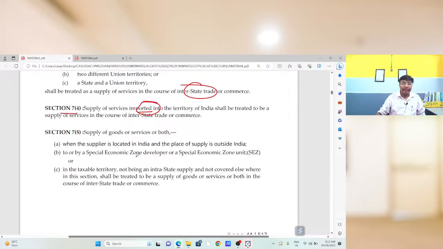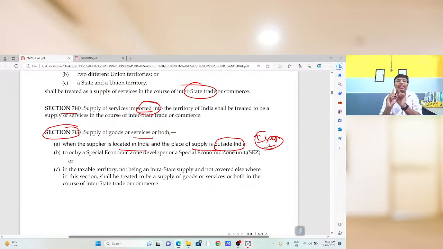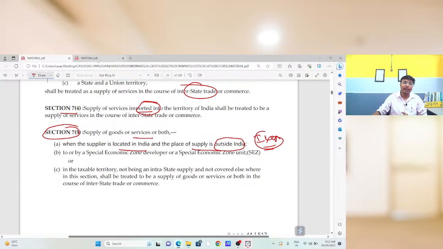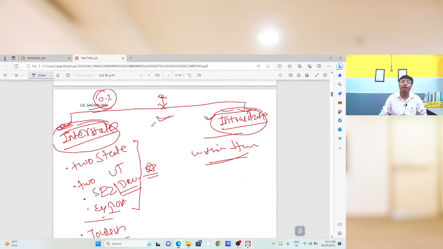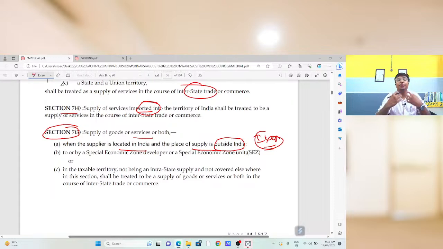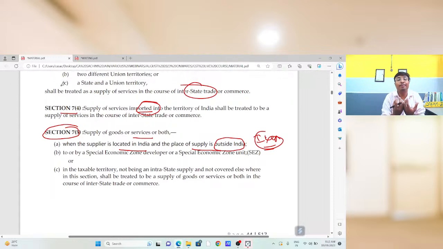Now, section number 7, subsection 5: supply of goods or services or both, where the supplier is located in India and the place of supply is outside India. In that case also, IGST should be charged and that supply is to be treated as interstate supply. We had already discussed this concept through this chart. I am just trying to explain the language of law so that it will be more clear in your mind.